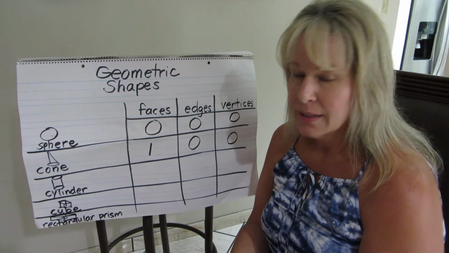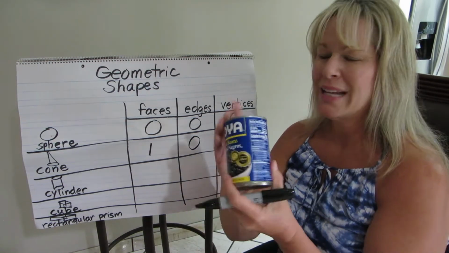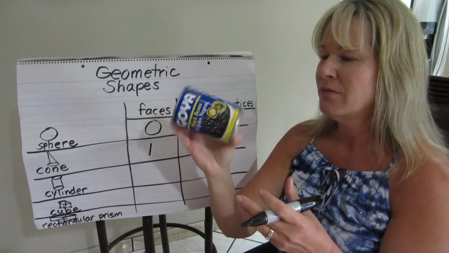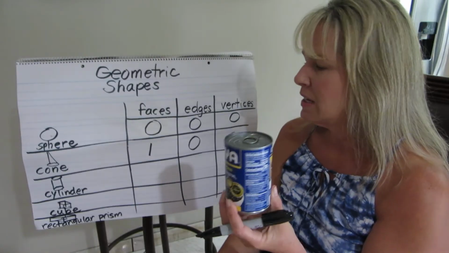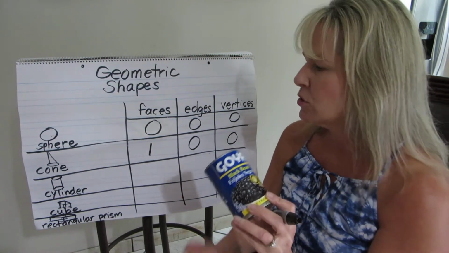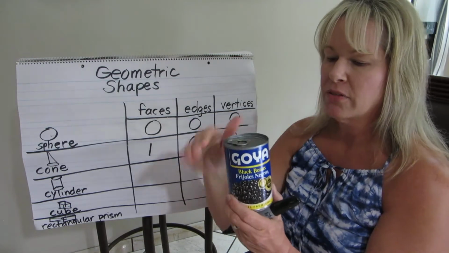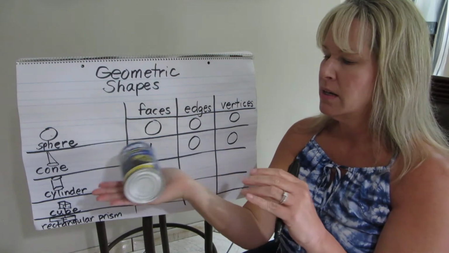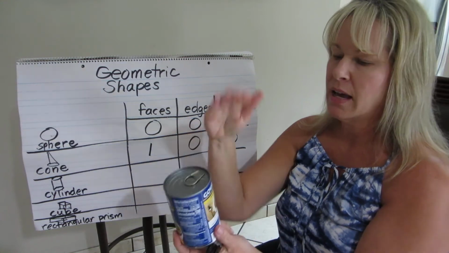All right. This is probably something you have a lot of in your house. You probably have a lot of cylinders around. If you have tuna fish or canned beans, there's all kinds of these cylinders probably in your pantry. So when we're looking at the faces, we're looking for the flat parts. Well, clearly this part here is curved, but we have a flat face here and a flat face here.